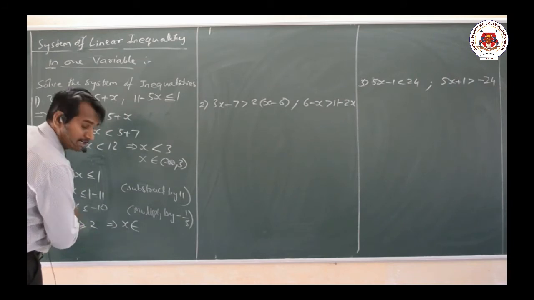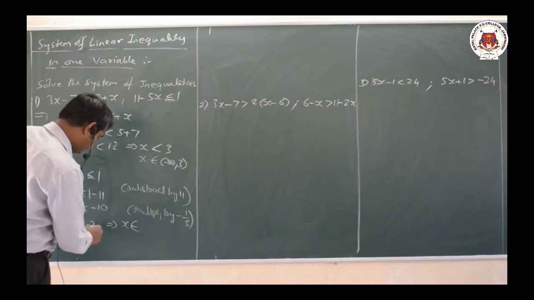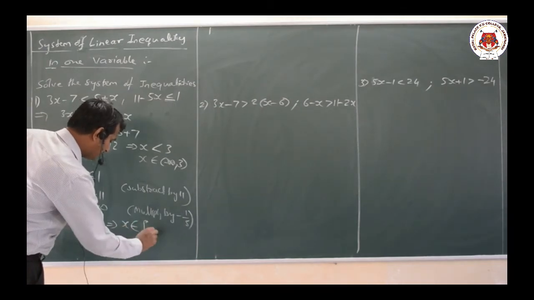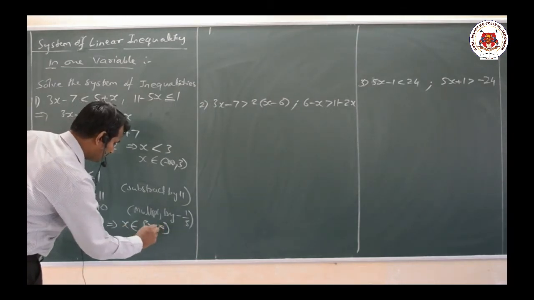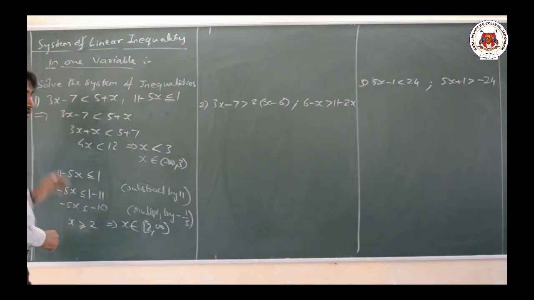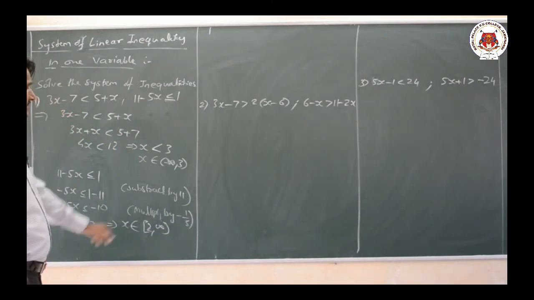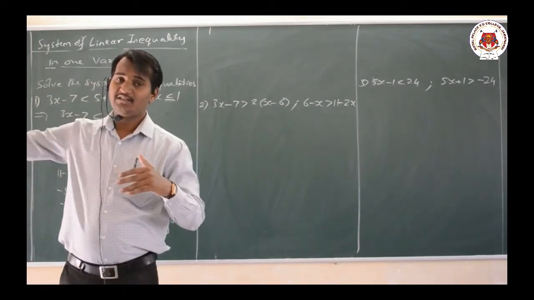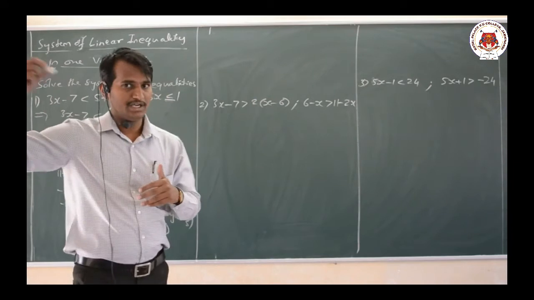Greater than or equal to 2, dear students. Greater than 2 means the least value is 2, and it goes to plus infinity. For infinity we always make use of round brackets, that is the open interval. Here x is less than 3, that is, till minus infinity.